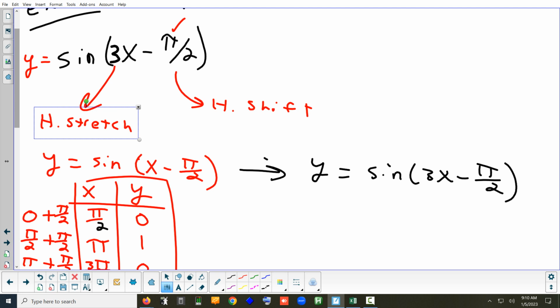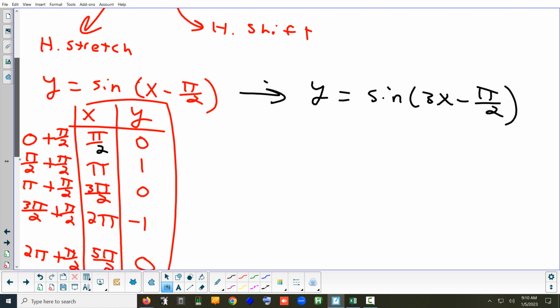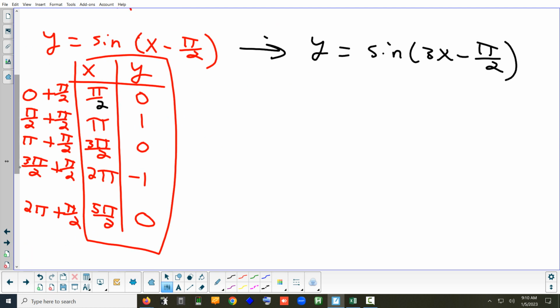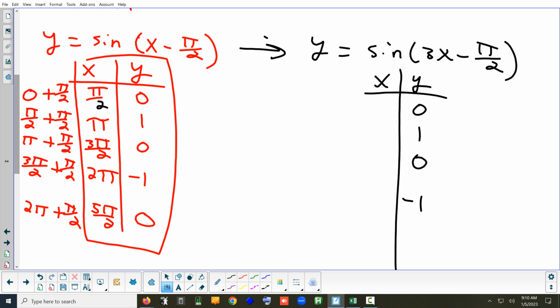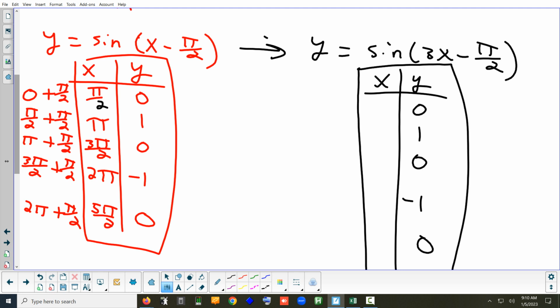Max, when I stretch and compress horizontally, whichever one it happens to be, is that going to affect the x column of this table or the y column? It's going to affect the x column. So I can copy the y column over. That stayed the same. So we've got 0, 1, 0, negative 1, 0. As far as what I'm going to be grading on the test, it's what's in this black box. I'm looking at the final answer to this problem.